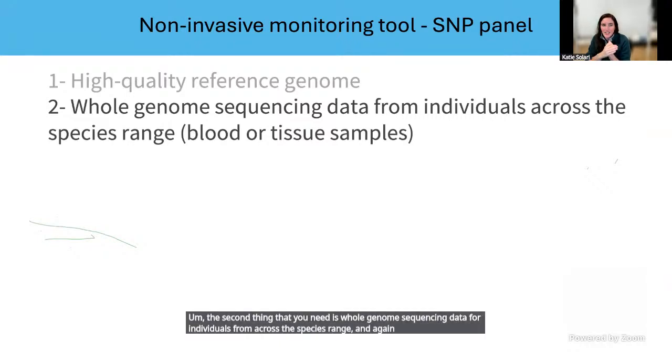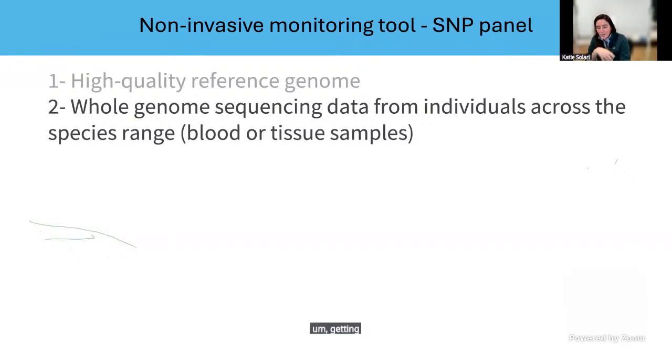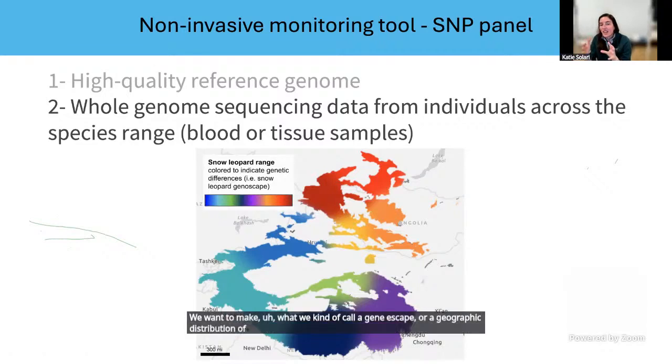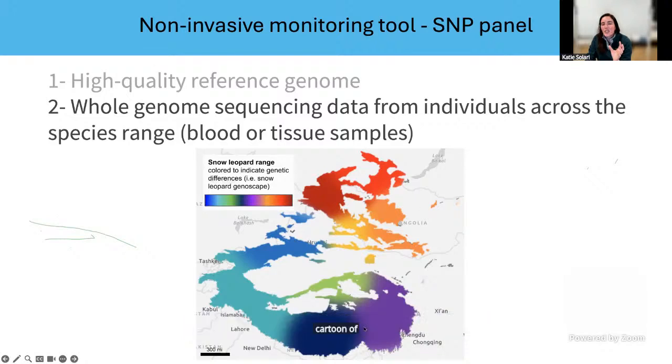And again, as I just said, the whole genome sequencing is best from blood or tissue samples. So this involves getting these invasive samples. And with this data, we want to make what we call a genoscape, or a geographic distribution of the genetic diversity of the species. So this is a cartoon of the snow leopard range showing what this could look like.